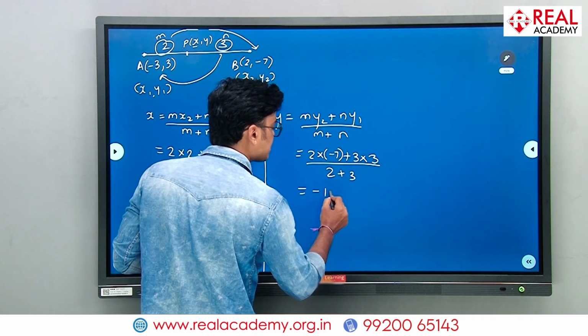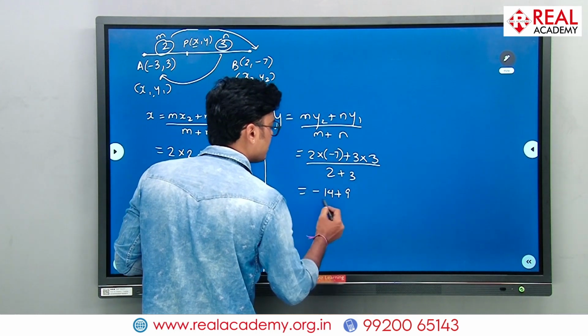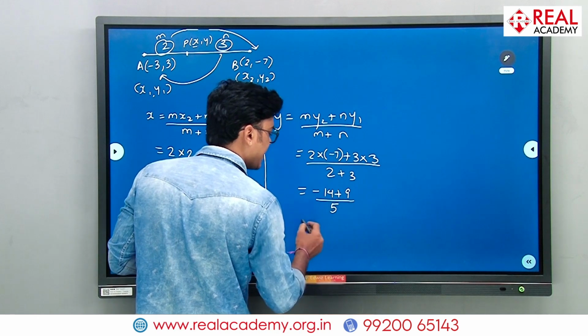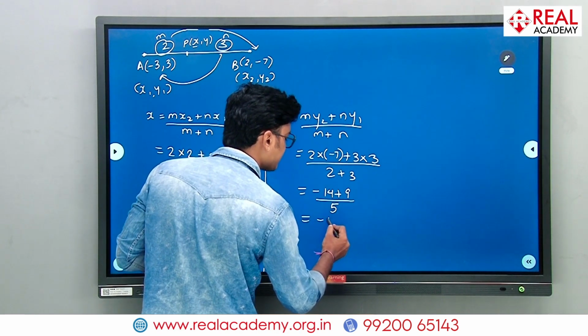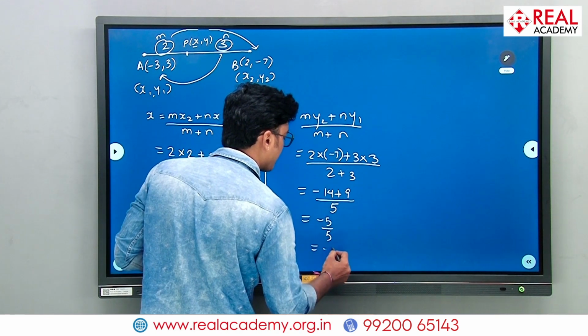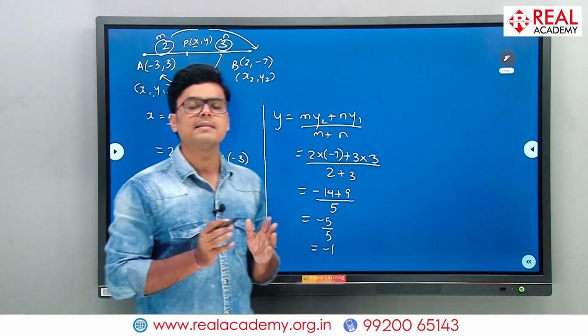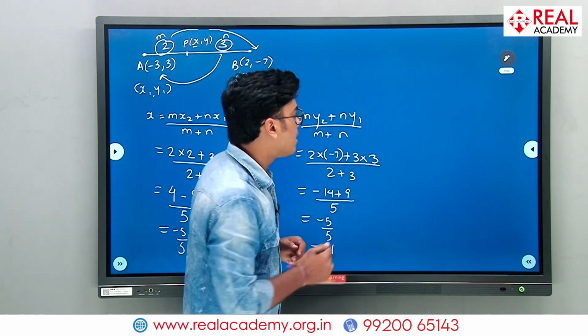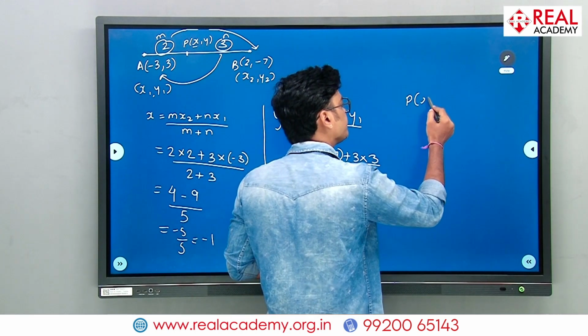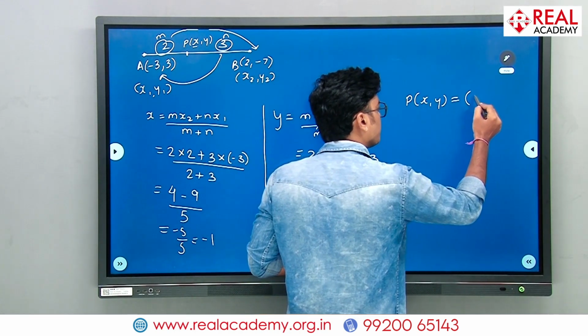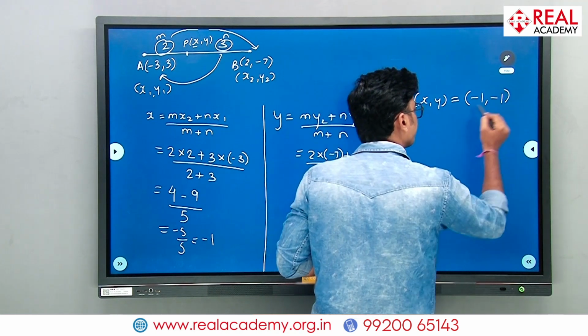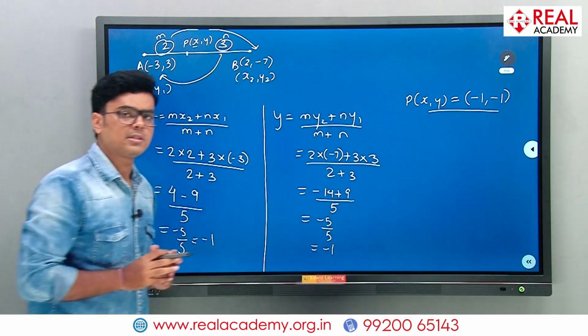So minus 14 plus 9 divided by 5. You will again get minus 5 upon 5, which is minus 1. So the coordinates of the point which divides the line segment in the ratio 2:3 are (minus 1, minus 1). This is how you use the section formula.